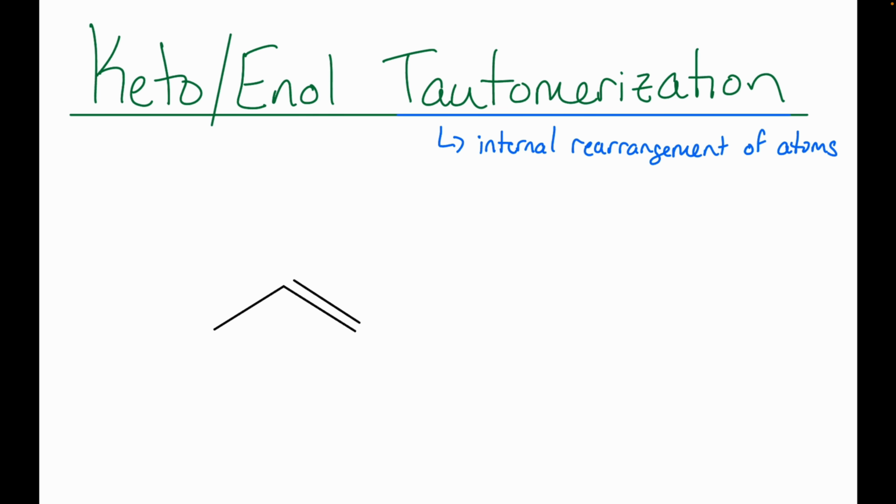All right, so if we take an enol here, it turns out that this thing is in equilibrium with itself. I'm not reacting this with any other molecule here. All right, but this thing will rearrange itself to form a ketone. In this case, a ketone. Ketone or aldehyde, although we do always call it a keto-enol tautomerization.